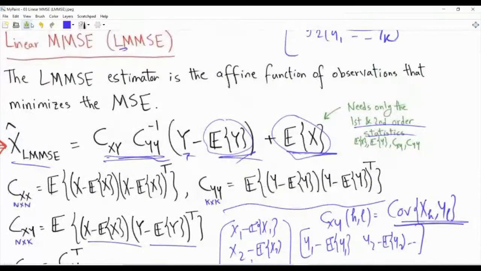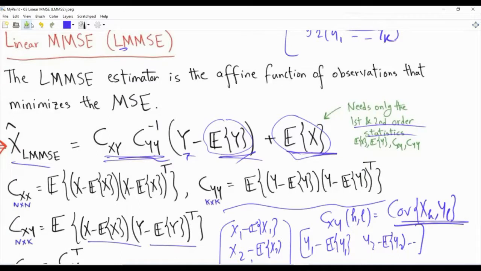Okay, so LMMSE you use for simplicity, because your estimator is a linear function, or maybe you are forced to use it because many times you don't know the joint distribution, and perhaps the best you have are the first and second order statistics, which means first moments and covariances.